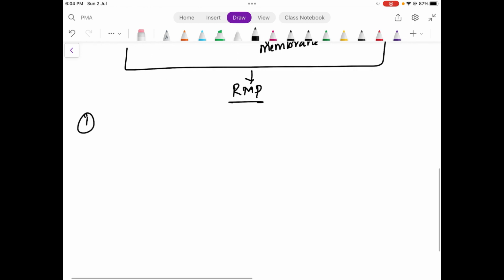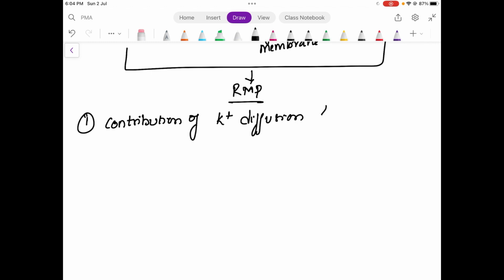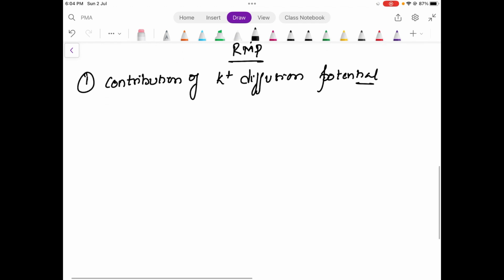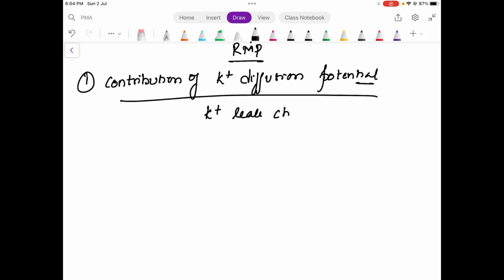And first we'll discuss the contribution of potassium diffusion potential. In the membrane, we have potassium leak channels.